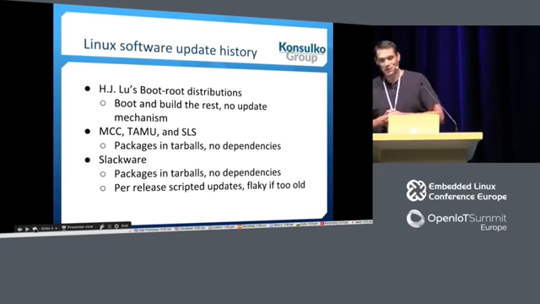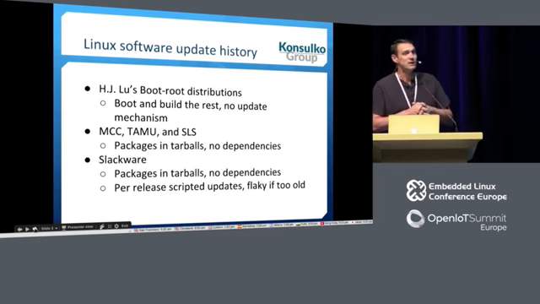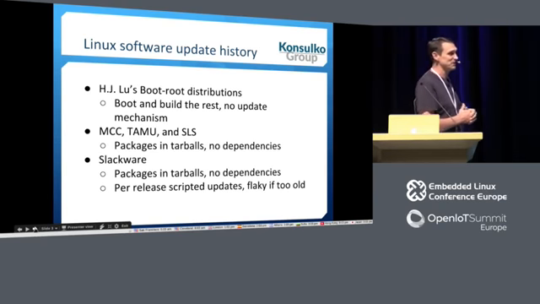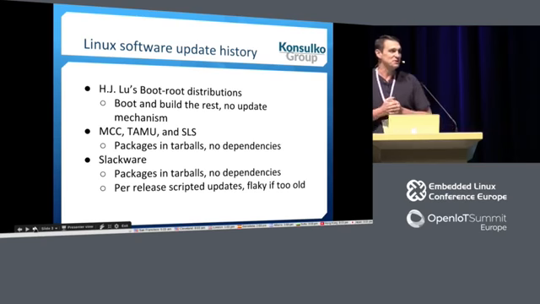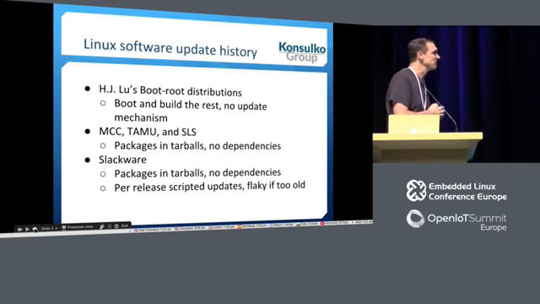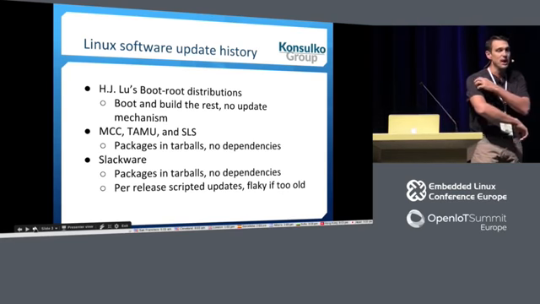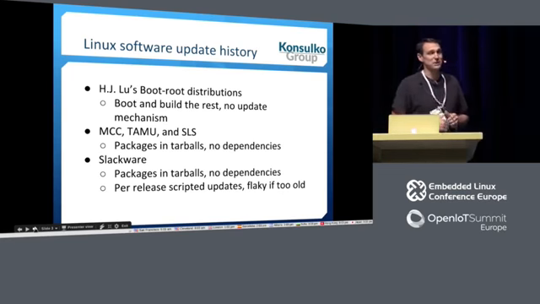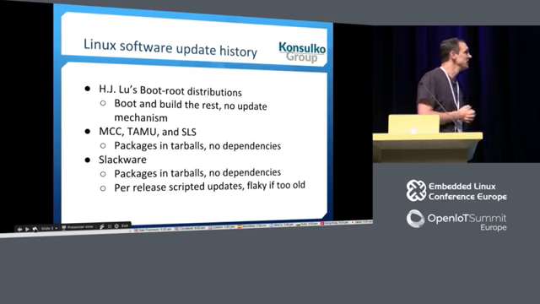And then we got to kind of the forerunners of the modern distributions with MCC, TAMU, SLS, okay? And if you came into the Slackware generation, you missed the fun here. So packages and tarballs, that might seem familiar from later things. But there was no dependencies. So the packages were just tarballs of logically packaged things with either static or shared libraries, and just no notion of dependencies between these packages.